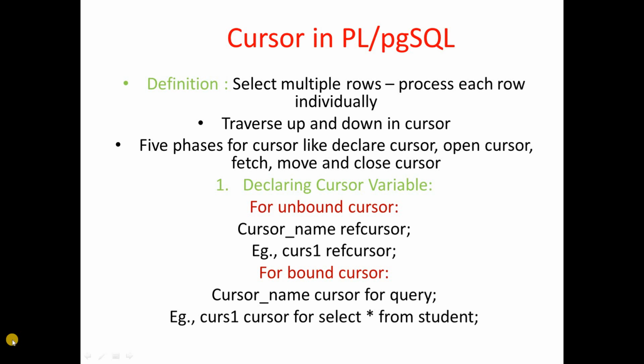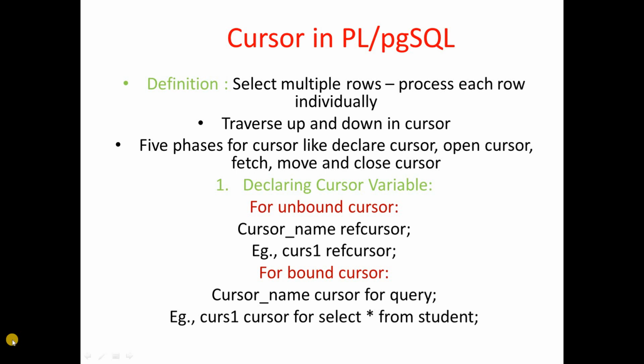There are 5 phases in a cursor, and following those phases you can run or execute the cursor. The first phase is to declare a cursor variable, then we have to open that cursor variable, then we can fetch the individual row which we need by using the fetch command. The fourth phase is the move phase, which is optional.